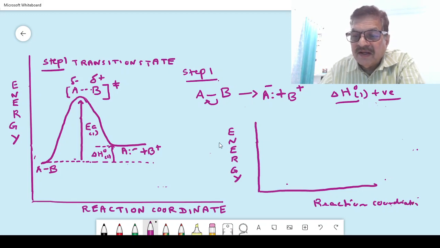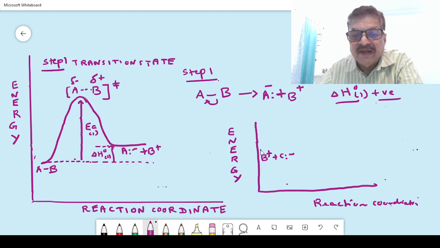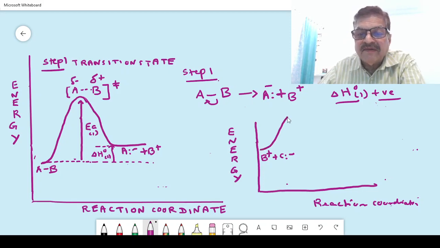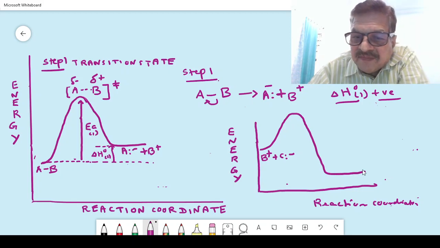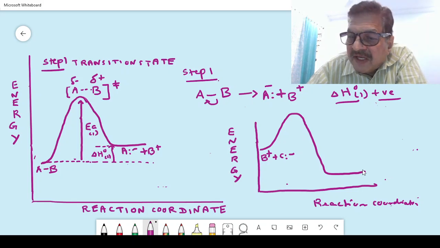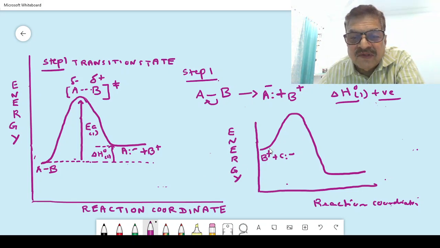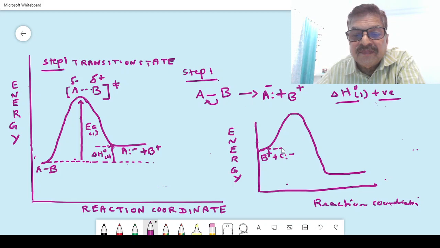So here, B plus C, that is our starting material, B plus intermediate plus anion C minus. So here this will go like this, then this will come down because the delta H for step 2 is negative and the products are at a lower energy. So this is the energy of the reactants here.